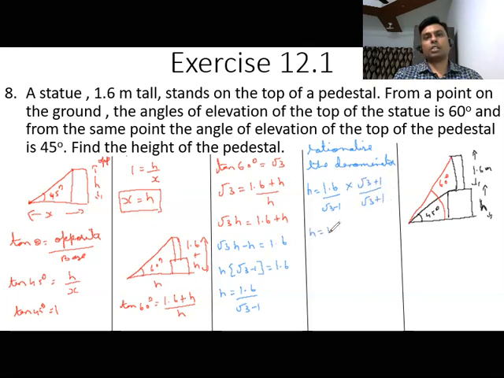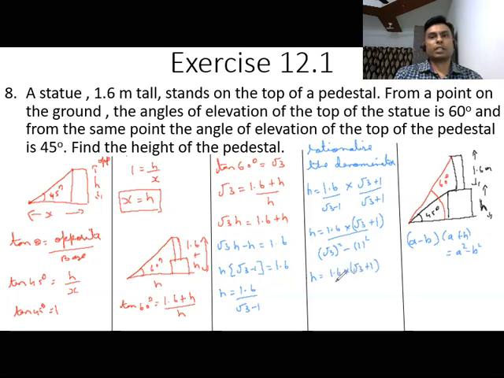So I'll get h is equal to 1.6 into root 3 plus 1 divided by root 3 minus 1 into root 3 plus 1. It is a minus b into a plus b, which is a square minus b square. So here it will be root 3 square minus 1 square. So h will be 1.6 into root 3 plus 1 divided by root 3 square is 3, 3 minus 1, which is 2.